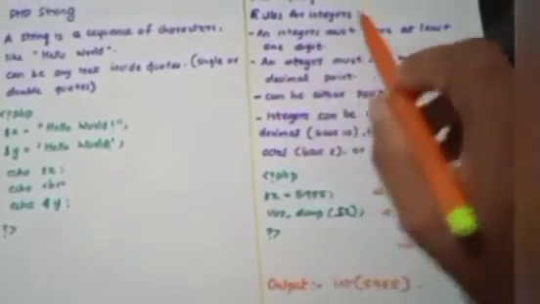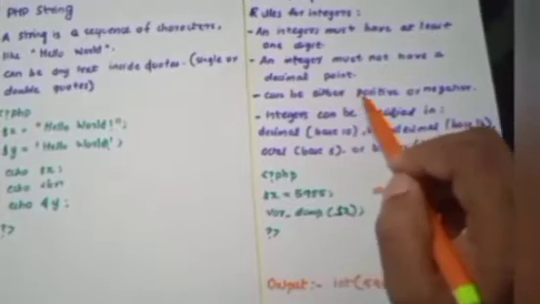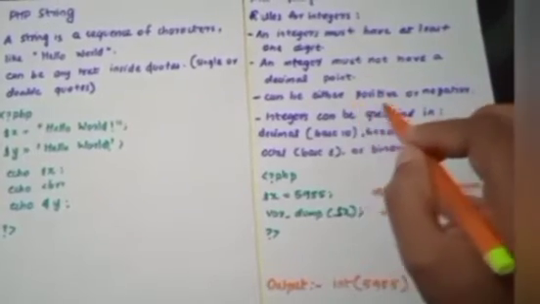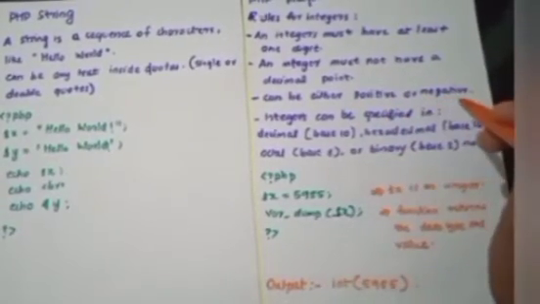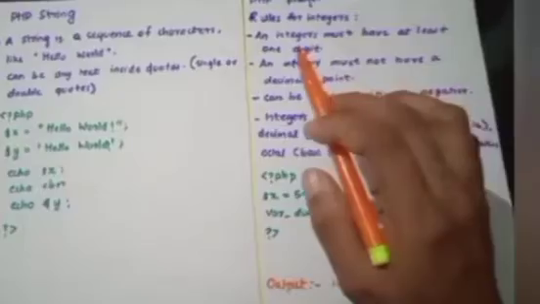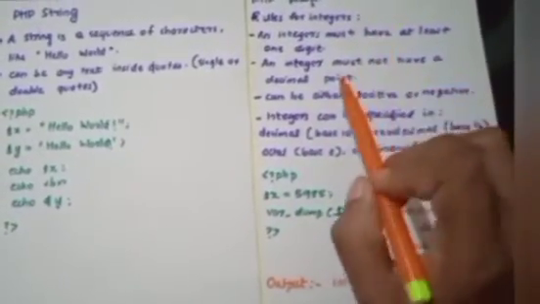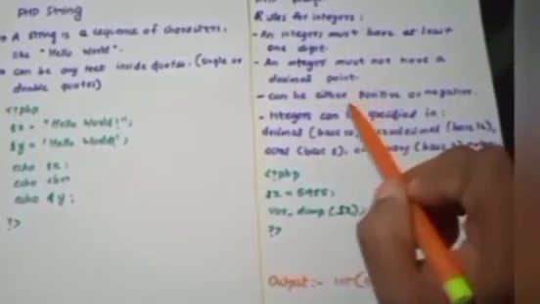Then, a PHP integer can be either positive or negative. That won't matter here. The thing is that it should contain at least one digit, must not have a decimal point, and can then be positive or negative.